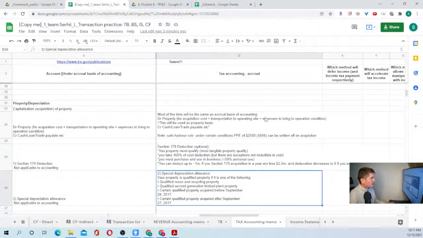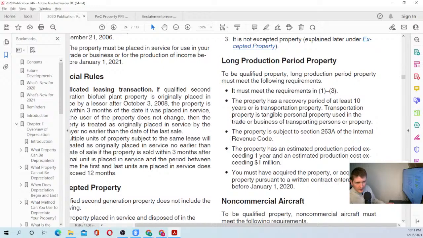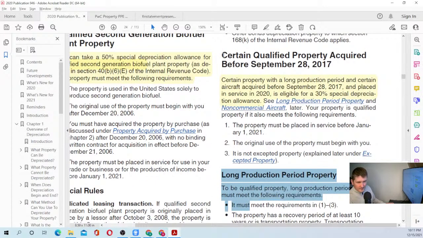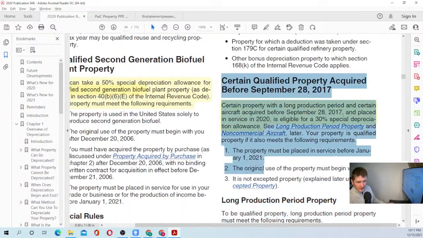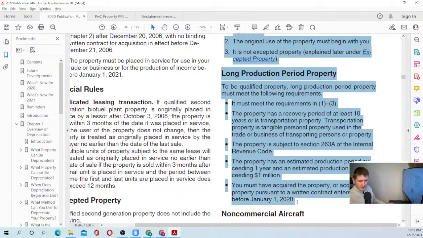Let me see what we already copied here. Okay, probably cannot make it shorter.